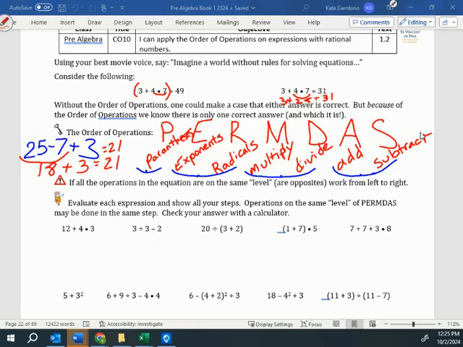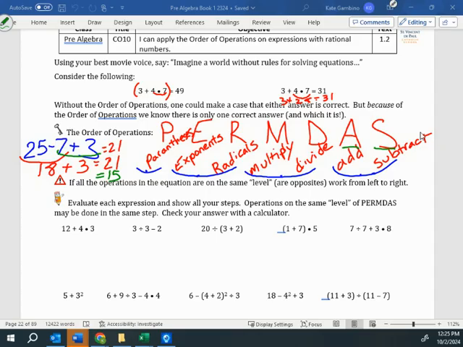I have had a lot of students in the past give me 15 as their answer. What mistake did they make? They said, oh, adding and subtracting, so I need to add, and then I'm going to subtract that from the 25. You get a very different answer.